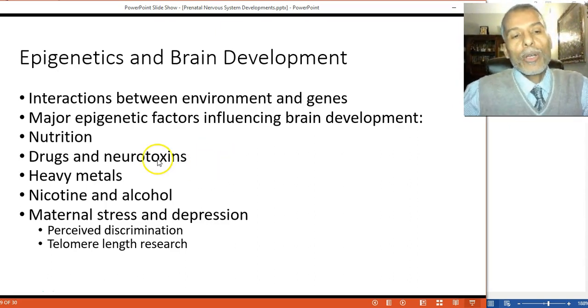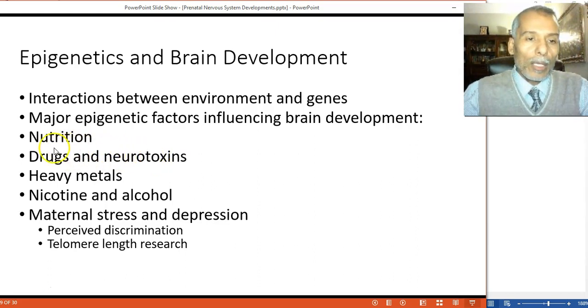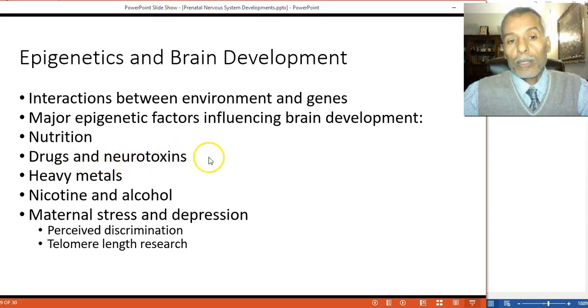So the major epigenetic factors that influence development in this case include nutrition. For example, if the mother is taking drugs and neurotoxins during pregnancy, that is going to have an impact on the development of the nervous system and the brain.